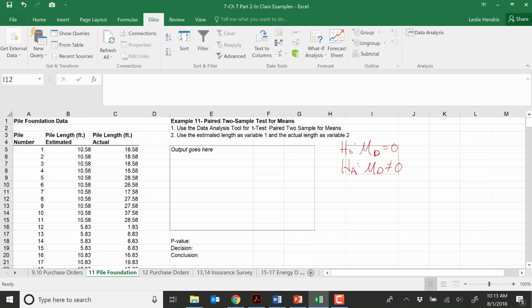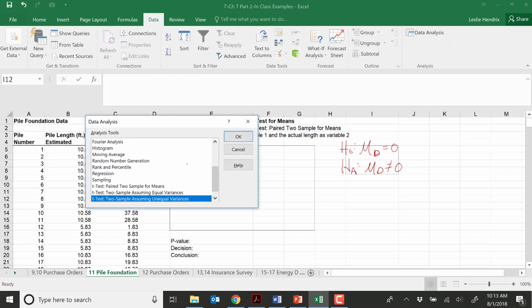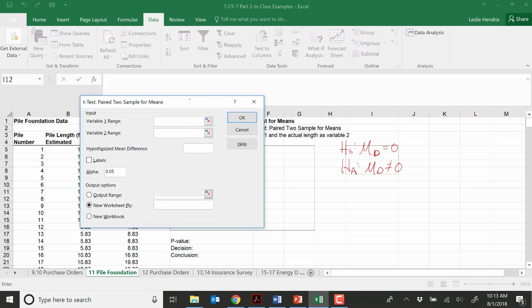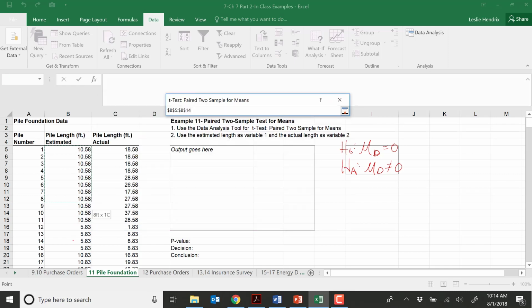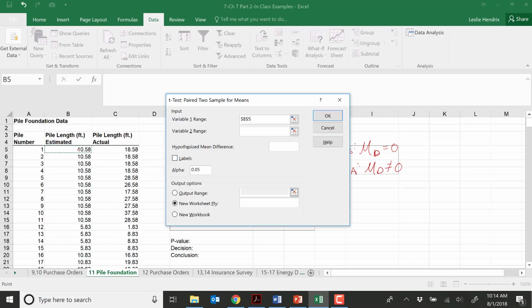So let's click on the Data tab, go to Data Analysis, go to the t-test paired two-sample for means, and click OK. And then we've got our data in these separate columns. So I'm just going to highlight the estimated as my first sample. Control Shift down. I'm going to highlight my column name too.